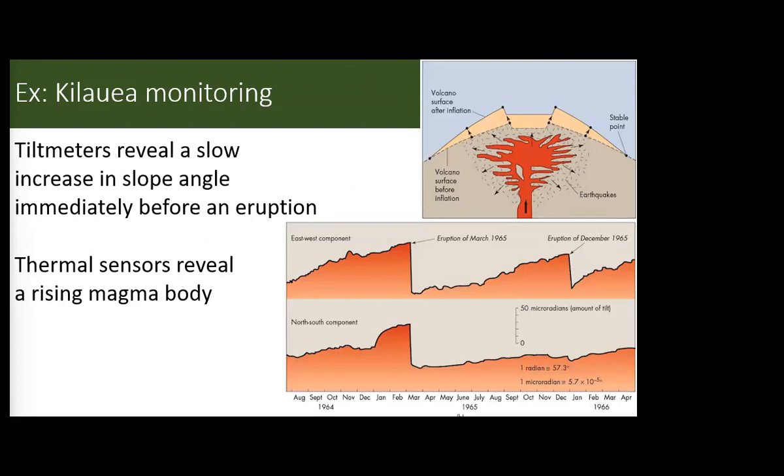So this is for Kilauea, for Kilauean eruptions. We have data from thermal sensors all the way back from 1964 for a period of 2 years. And for each of those drop-offs, there was an eruption. So we can see it's pretty stable, and then all of a sudden there's this big rise in the temperature.